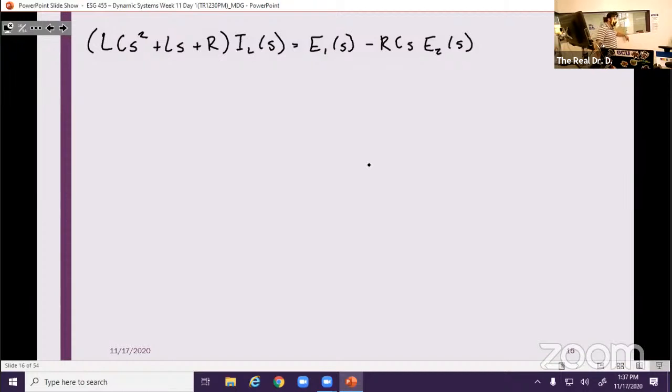Do this, you get this. Now look at that. That's a second order equation on the left-hand side. Some people might even say that that's the characteristic equation. Some people.